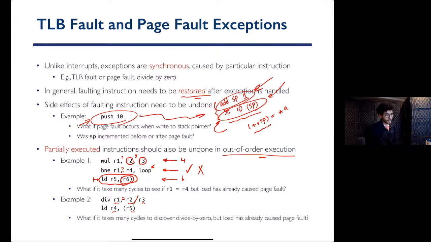What if I start executing the load, because this divide is probably very expensive, very similar to that multiplication? If you're dividing 264 bits, it's expensive. If I start running this load and I get an exception, what should I do? I wasn't supposed to do this load. I was supposed to first do the divide and then go to the load. So if I get an exception, what should I do?